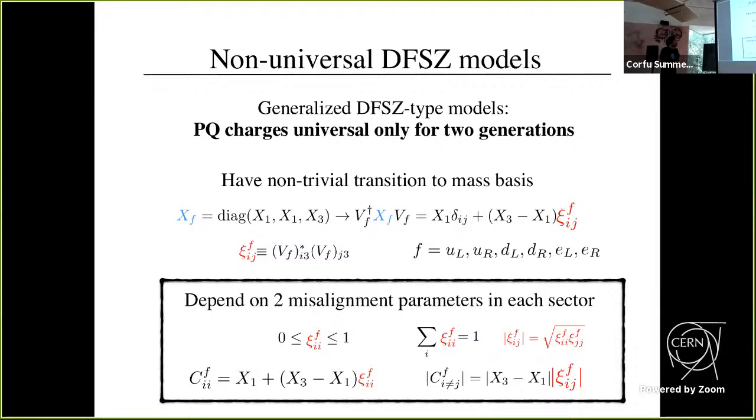So basically, in models where the PQ symmetry is associated with, or is a subgroup of, a horizontal group that sets the scale for the fermion masses, then in fact those sizes are really predicted.